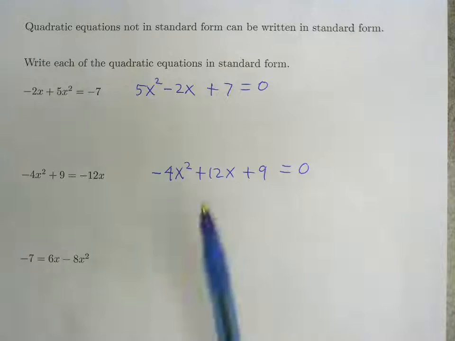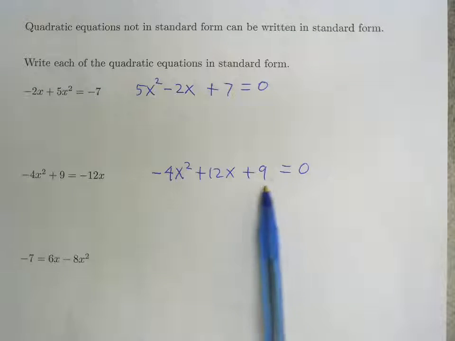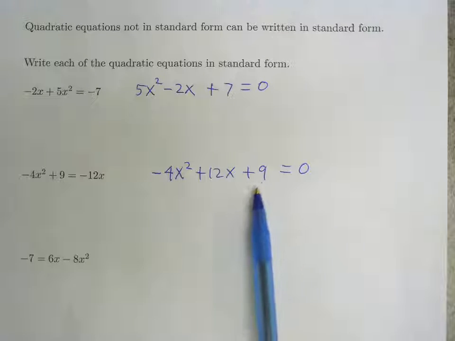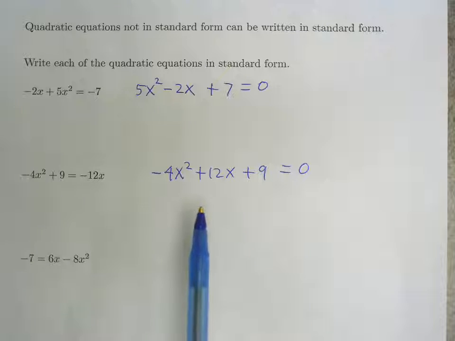But oftentimes, it's more convenient if the coefficient of x squared is positive instead of negative. Since this is an equation, we are free to multiply every term on both sides by the same non-zero number.